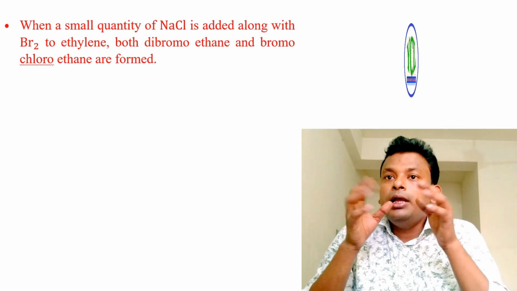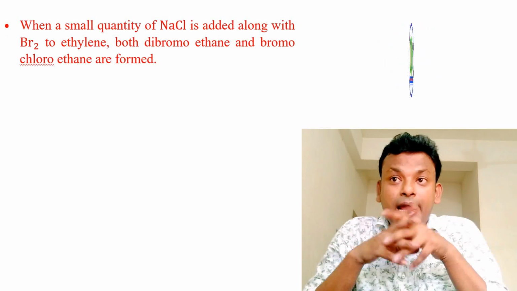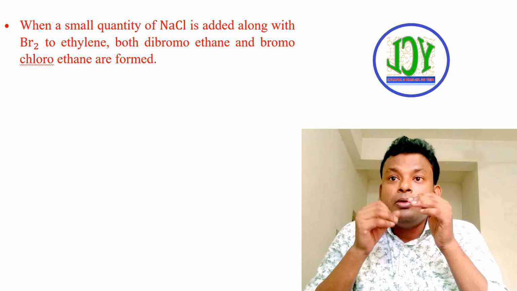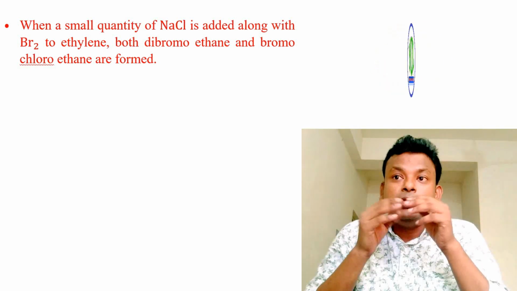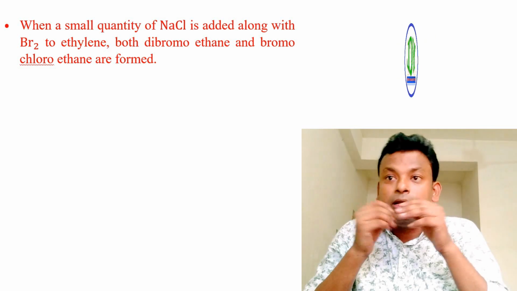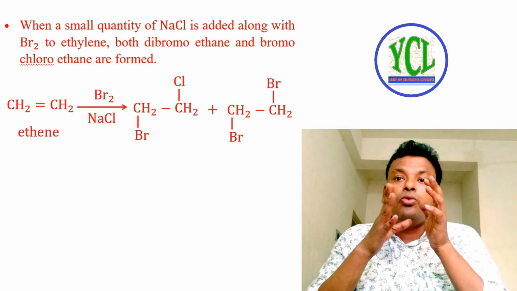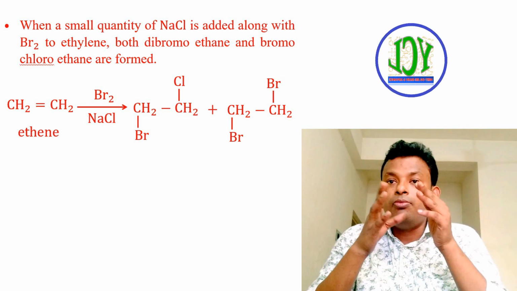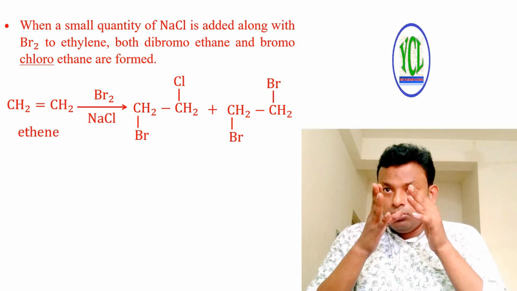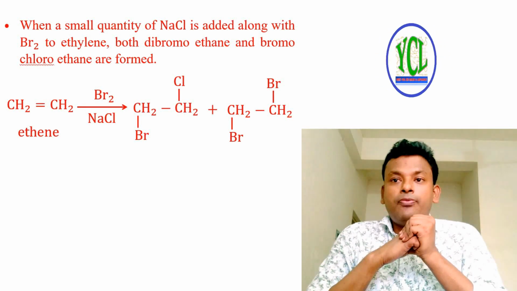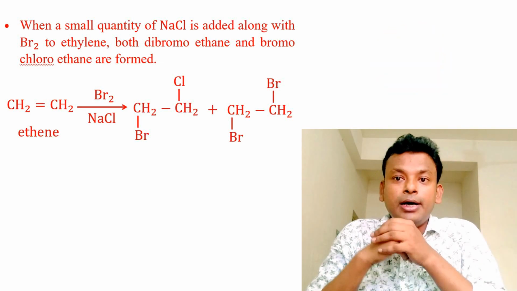When a small quantity of NaCl is added along with Br2 to ethylene, both dibromoethane and bromochloroethane are formed. In this example, Br2 and NaCl form dibromoethane and bromochloroethane, and we explain it with the mechanism.